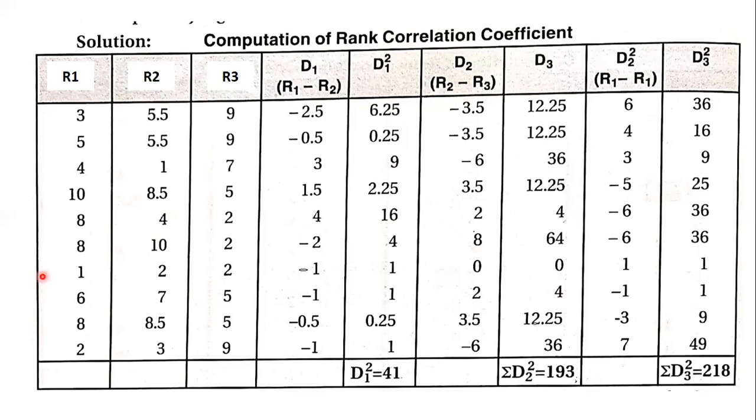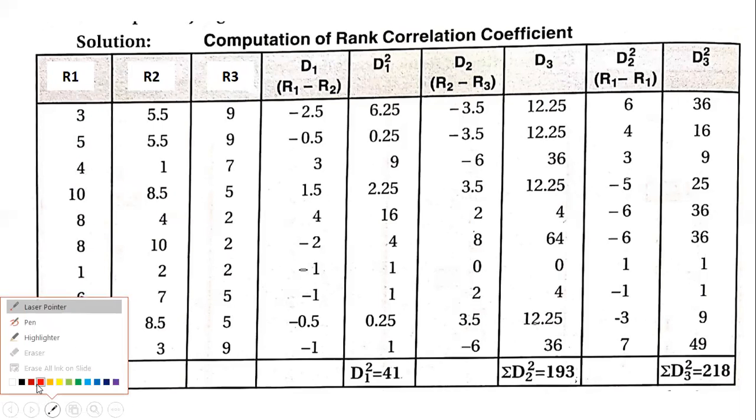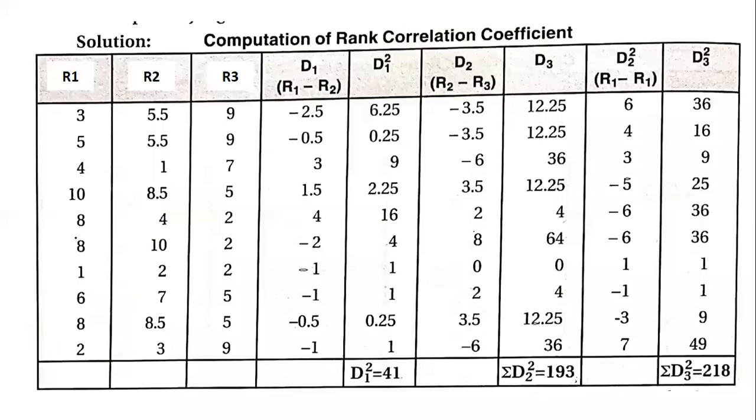If you see the first one, you have 1, 2, 3, 4, 5, 6. There is no 7, but 8 is repeated 3 times. So what we will do, we will put a small box on 8. Here 8 is repeated 3 times, which means after 6, taking 7, 8, 9, then 10 is available.